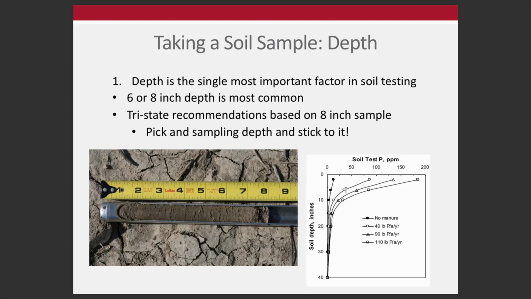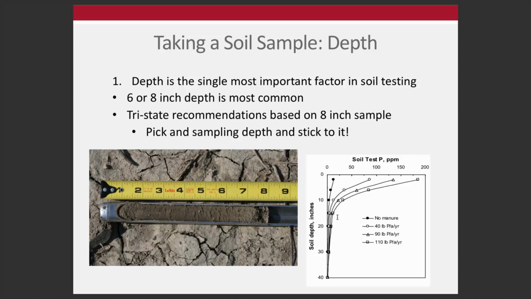Okay, so let's just imagine this is soil in inches. Imagine if we took a soil sample at 10 inches versus 20 inches, and we tried to compare those values. For this non-manured soil it might not be too big of a deal, but for the soils that did receive manure over here, a 10-inch soil sample versus a 20-inch soil sample is going to return very different numbers, okay?